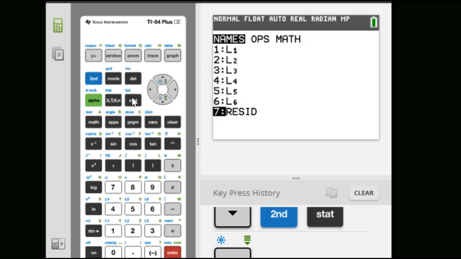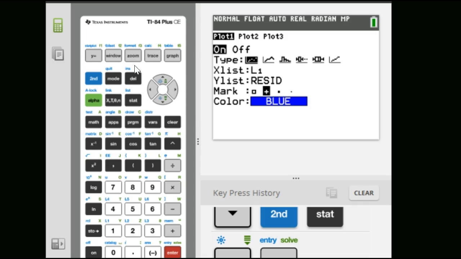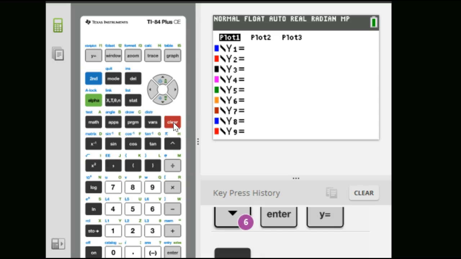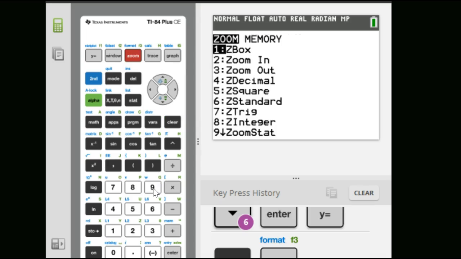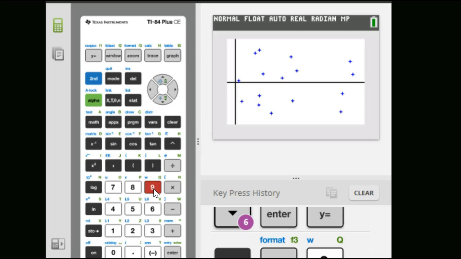Number 7 is the residuals. In y equals, I want to clear that out because I don't want that as my line; I actually want the x-axis as the line for the residual plot. So I go Zoom 9, and there's my residual plot.